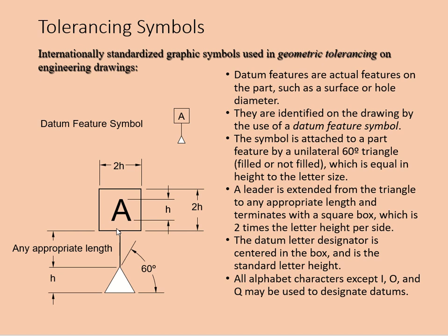Your datum letter is in that box at the center, at standard letter height. Twice of that is your square. Since it's a square, the width is also the same as your height.